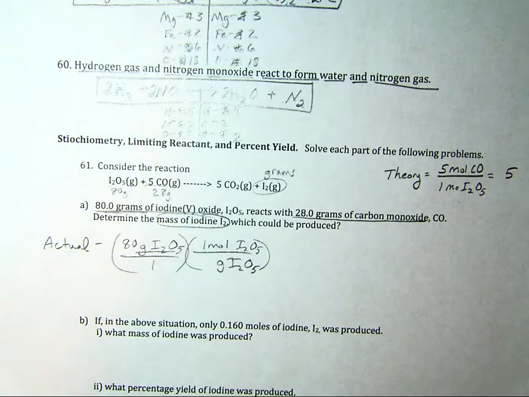Now all we need is the molar mass for I2O5. And if you look up on the periodic table, the molar mass of I2O5, let me see if I can get a periodic table here.